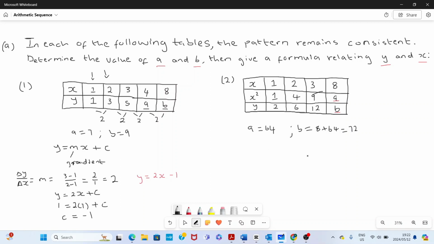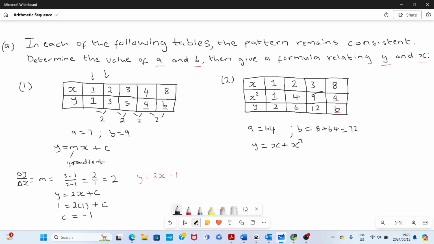Now we want to move to the next step of giving a formula where we relate our y with x. Actually this one is a bit easier, because we notice that y is given by x plus x squared.